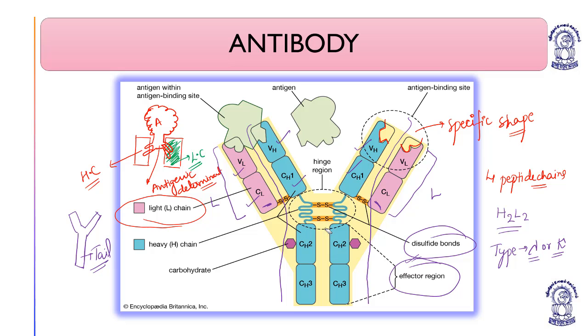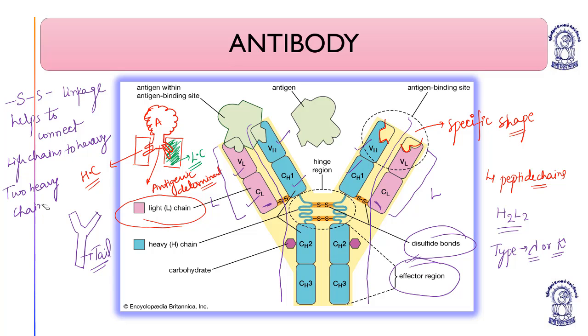Two disulfide bonds also link the two heavy chains. So the disulfide linkage is pursuing two functions: it helps to connect light chains to heavy chains, and two heavy chains. Understood?